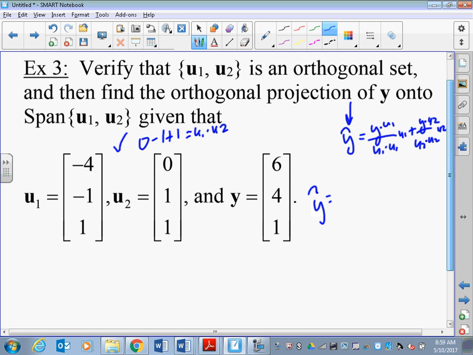You will have some fractions on this one, in the individual ones. U1 dotted with U1 is going to be 18, and U2, so those are the numbers that we're going to use for that.